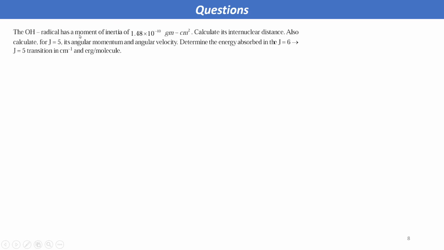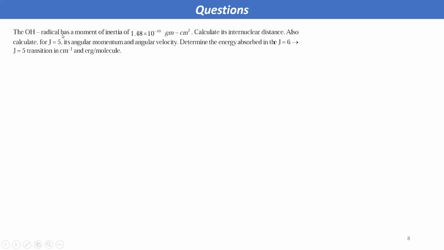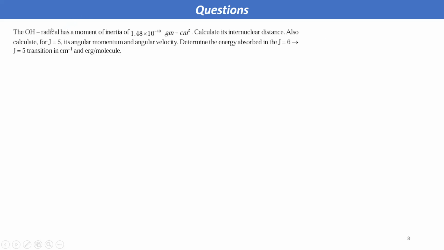The OH radical has a moment of inertia. So now the value for OH minus, the moment of inertia is given to be 1.48 into 10 raised to minus 40 gram centimeter square.